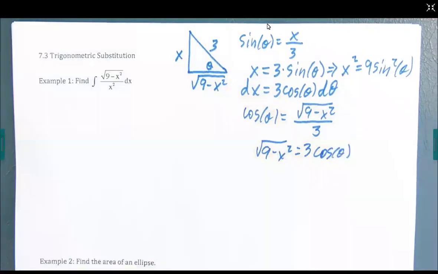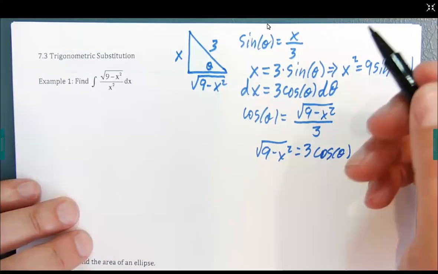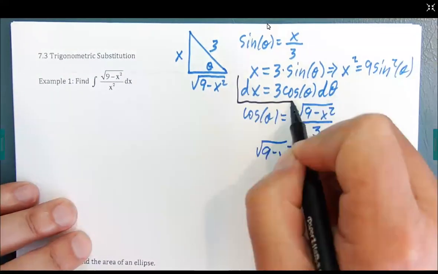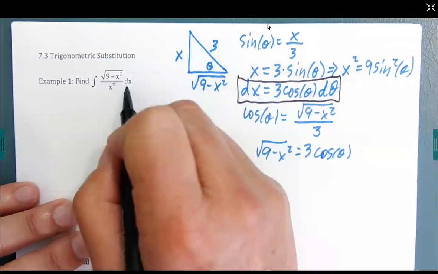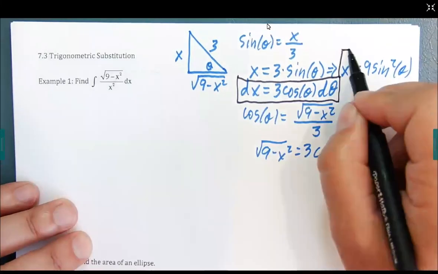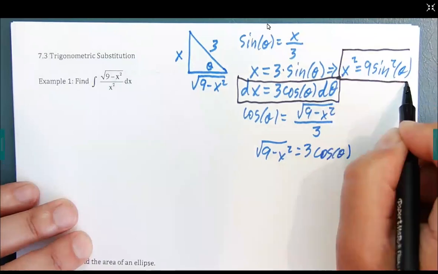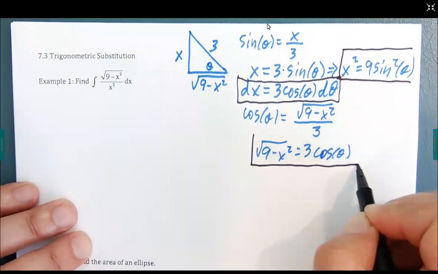And so here are my big players. Here transforms the dx, here transforms the denominator x squared, and here transforms the numerator.